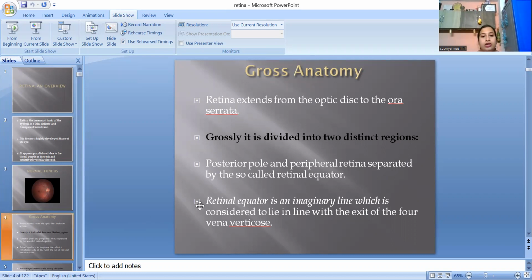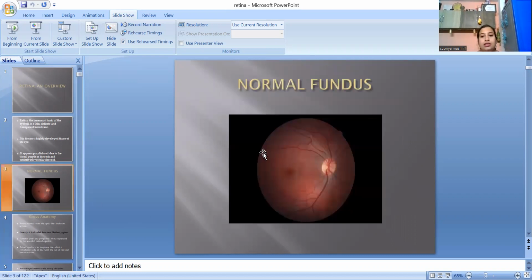Here we can see, just imagine at 1, 5, 7, 11 there are vena vorticosa. Peripheral to this also retina is present. So this is the posterior pole and this is the equator, just imagine. A line drawn joining the 1, 5, 7, 11 positions of vena vorticosa is known as the retinal equator.